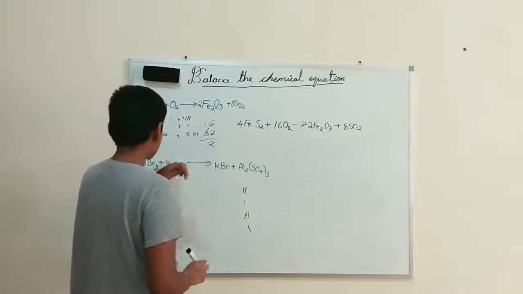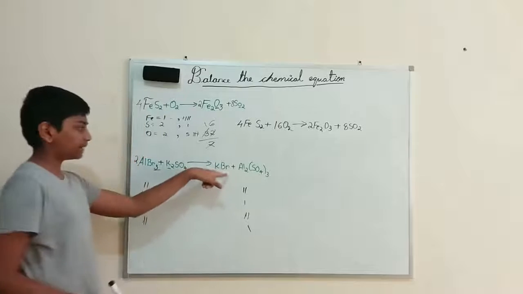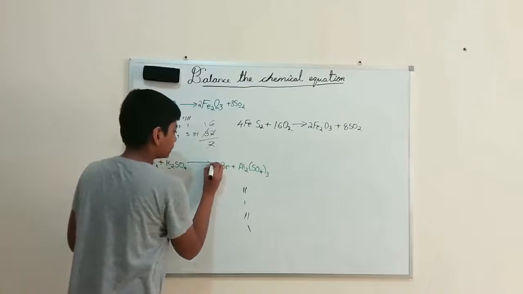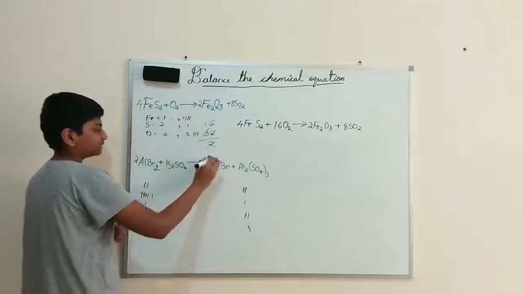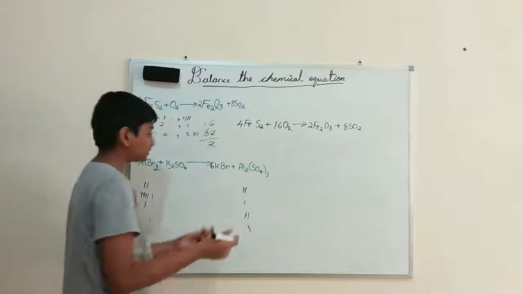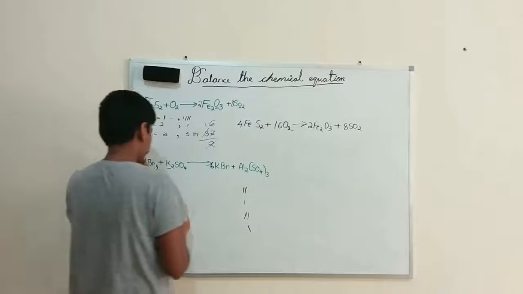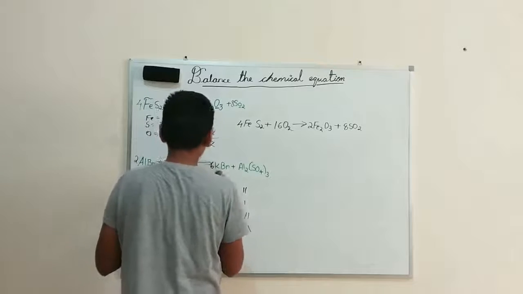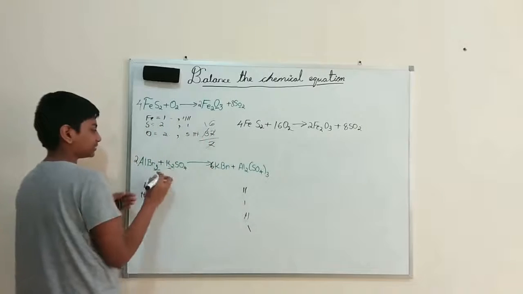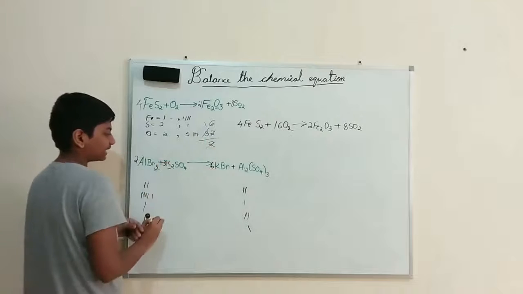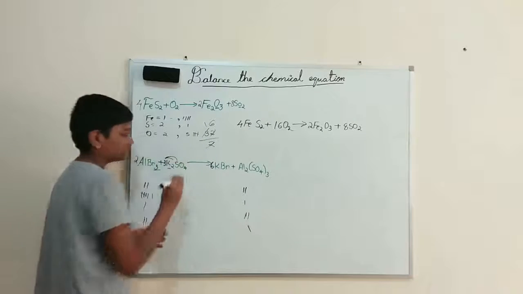Here K2 is 2, but I need 6 Br over here, so I should multiply it with 6. So I'll get 6 potassium and 6 bromide. So what should I do? Now I should change the potassium, so I should get the potassium 6. So I'll just multiply it with 3. So my chemical equation is balanced.